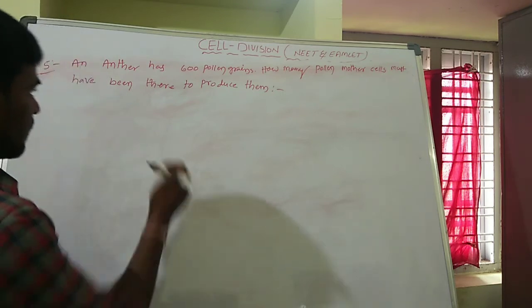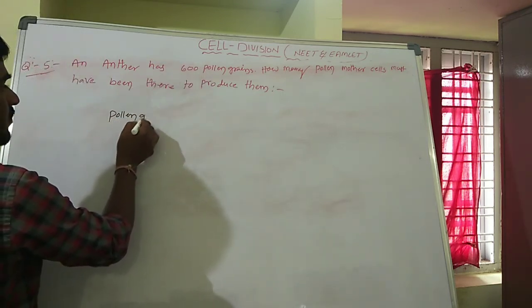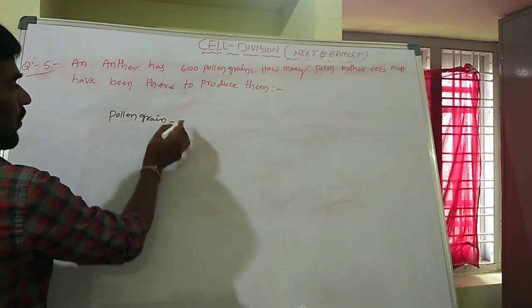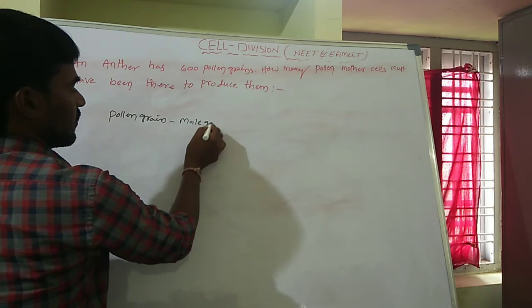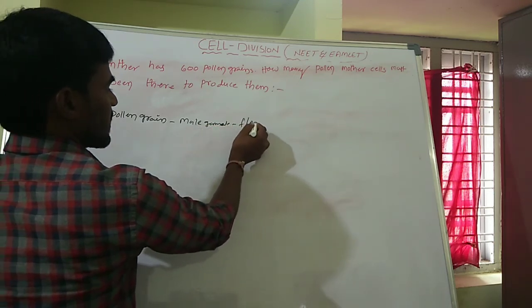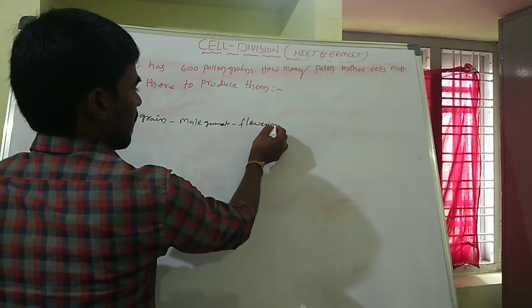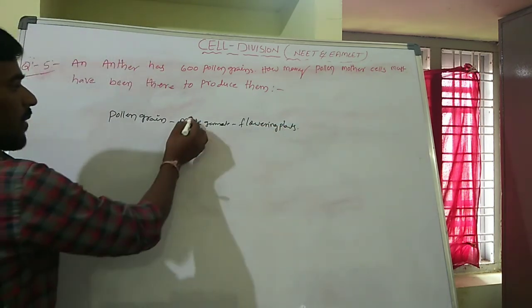Given here is pollen grain. The pollen grain is the male gamete in flowering plants.